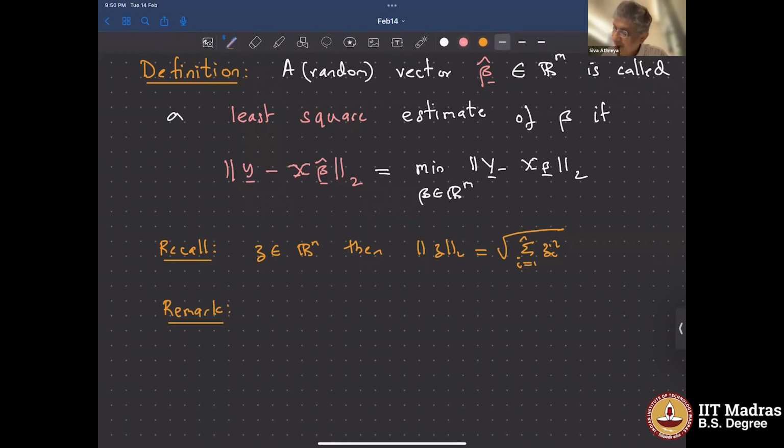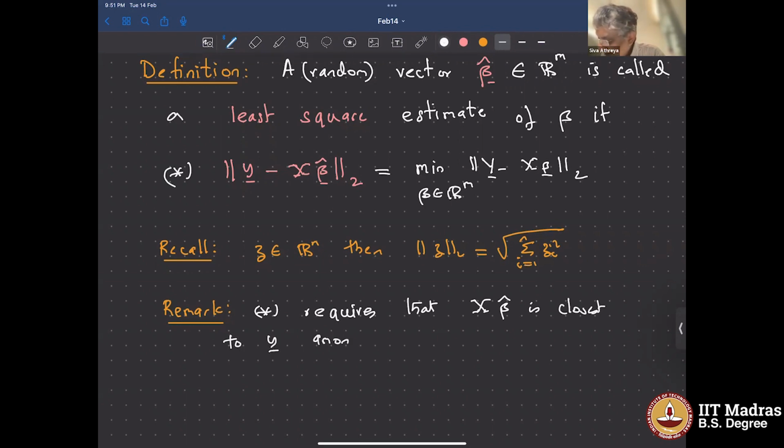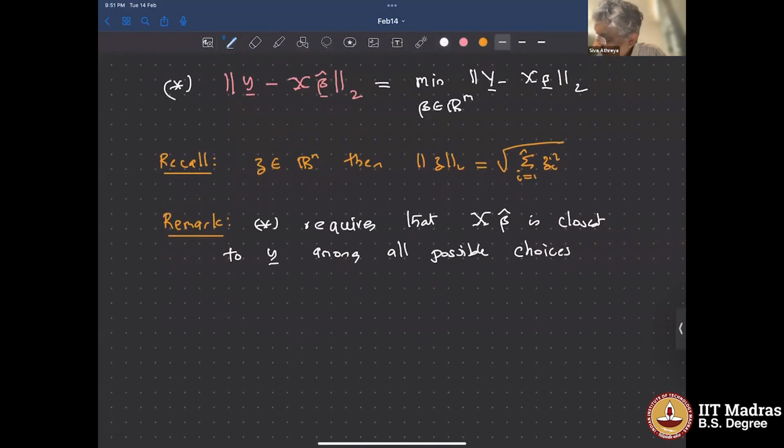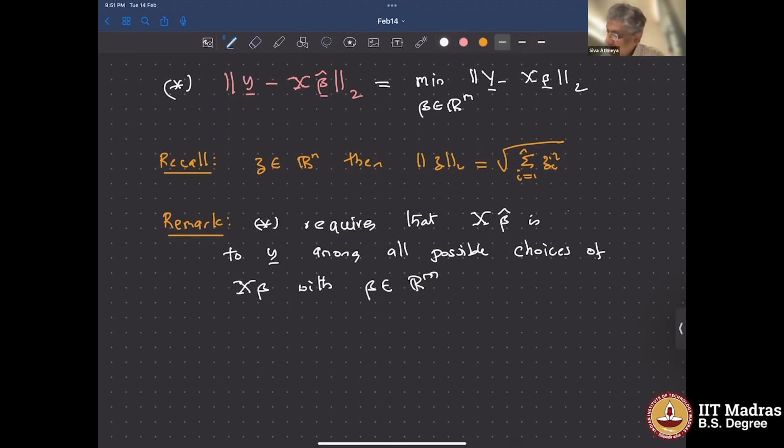So let's call this equation star. So what does star require? Star requires that x beta hat is closest to y among all possible choices of x beta with beta in R^m. And the way we define closest is just in the L2 metric.